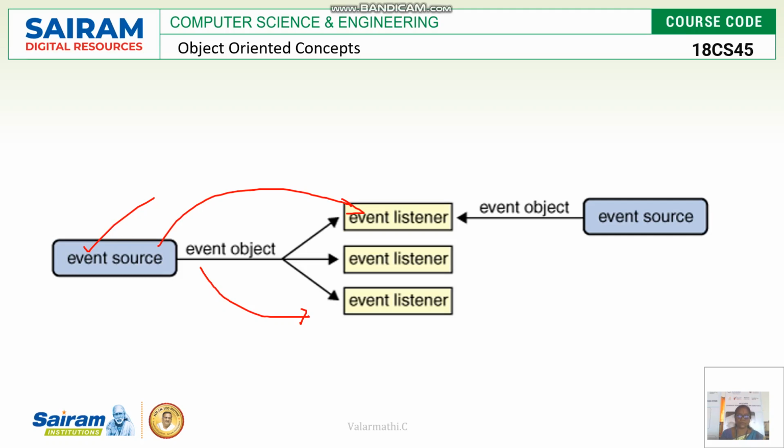Listeners also perform the role of listening to these actions. So what is the role when the mouse is double clicked, what is the role when it is clicked, and when the mouse is only dragged, what is the point? So these are all the actions performed by the corresponding listeners.